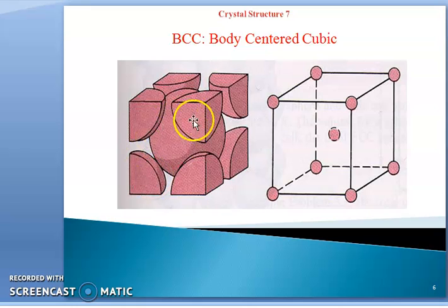Here an atom is arranged at the center of the cube, and in the previous case it is at the center of the face of the cube. No doubt atoms are arranged at the corners, this, and this. And one more atom is arranged where? It is at the center of the cube. So remember this carefully.